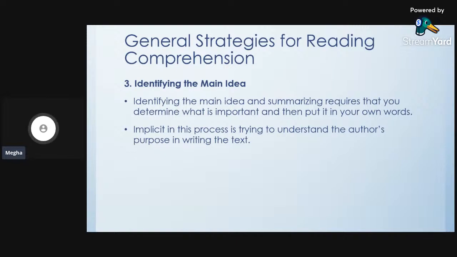Identifying the main idea and summarizing requires that you determine what is important and then put it in your own words. After you read, now you know something about the given comprehension. Let's think that it is about COVID-19. So we know at least something about COVID-19, correct?